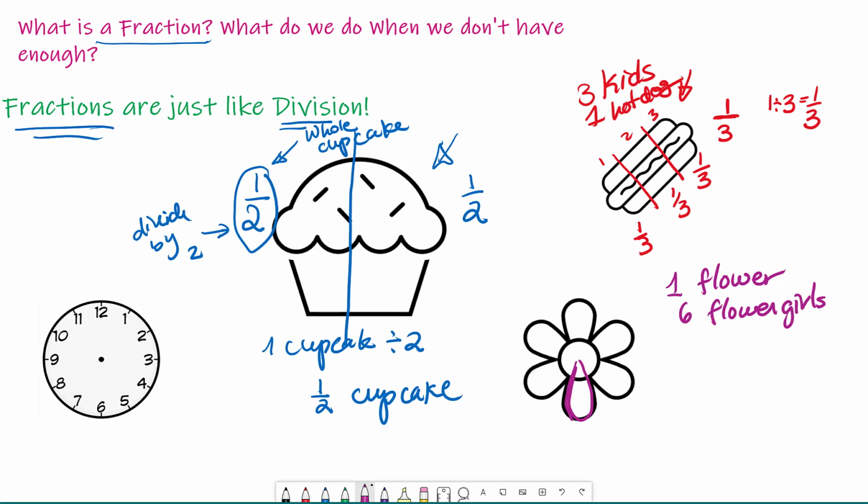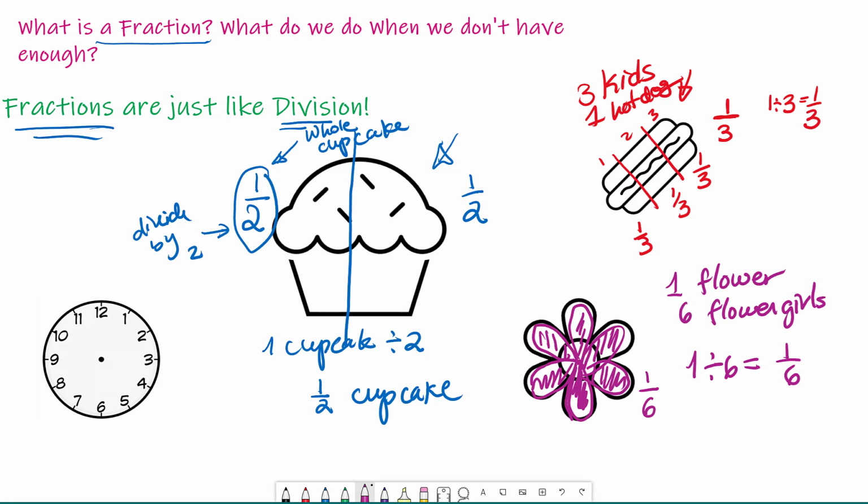This will be one part. This will be another, and another, and another, right? So I've drawn here 4, 5, and 6. Okay, so each one of these petals is now a 6th of a flower because we've divided the flower equally into 6. So when we take 1 divided by 6, we get a 6th.